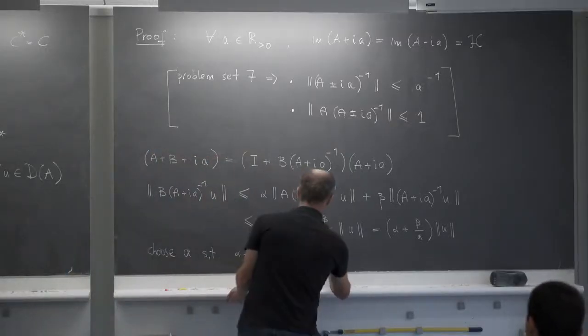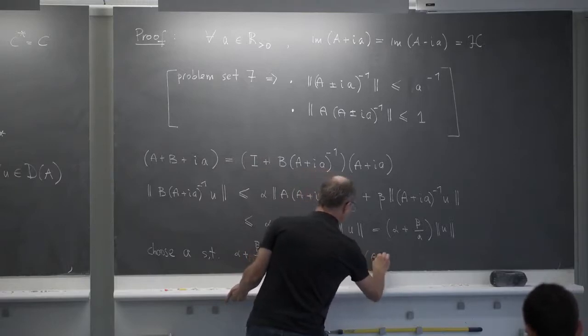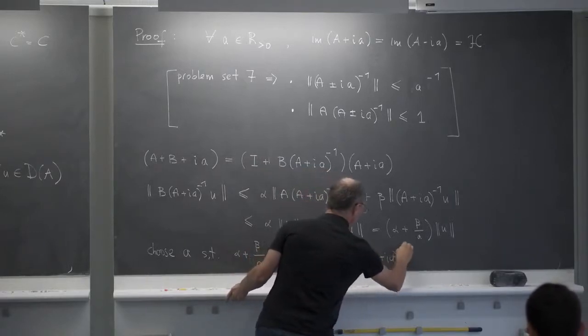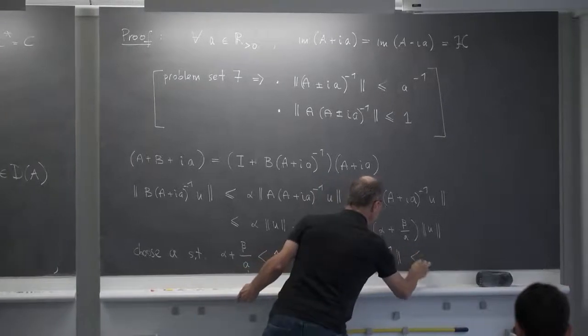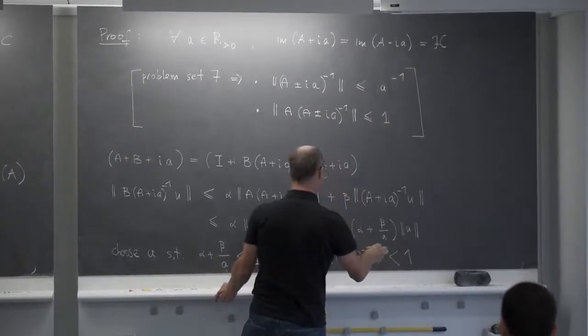Then the norm of B (A plus iA) inverse is strictly smaller than 1.